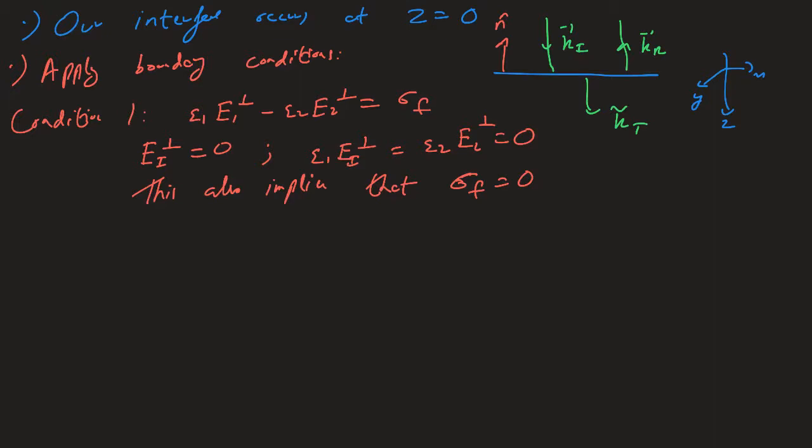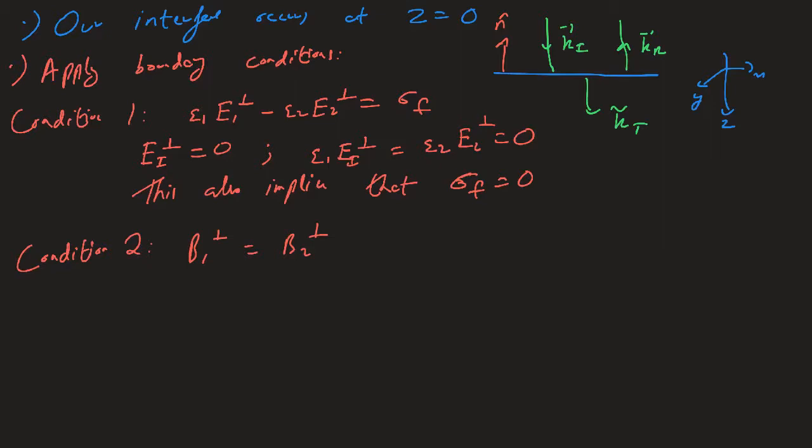Now let's apply condition 2. Condition 2 basically tells us that B1 perpendicular is equal to B2 perpendicular, but B1 perpendicular is also 0 because there's no incident or reflected magnetic field which is perpendicular to the surface.